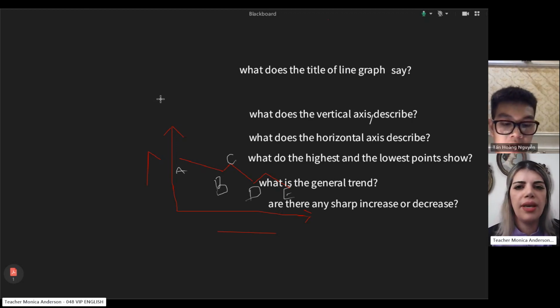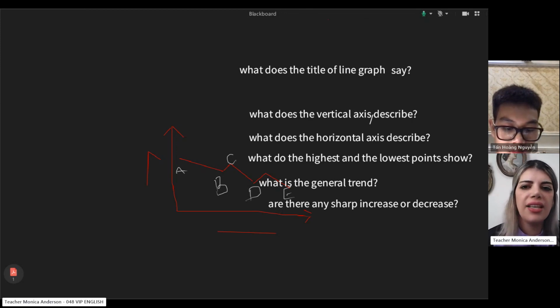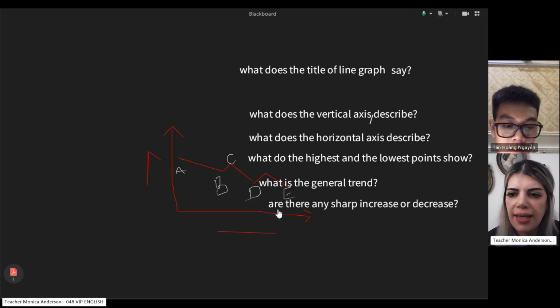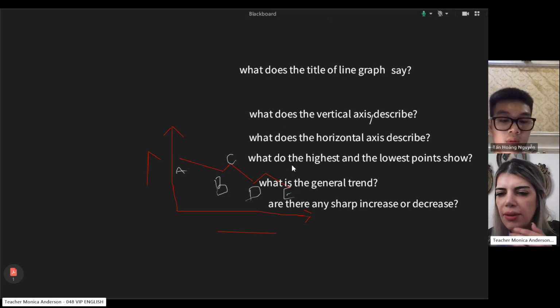Yes. Okay, very good. Let's get started. Take a look at this line graph. Just let me share it on the screen because I need it. One moment to share it so that we can do this together.